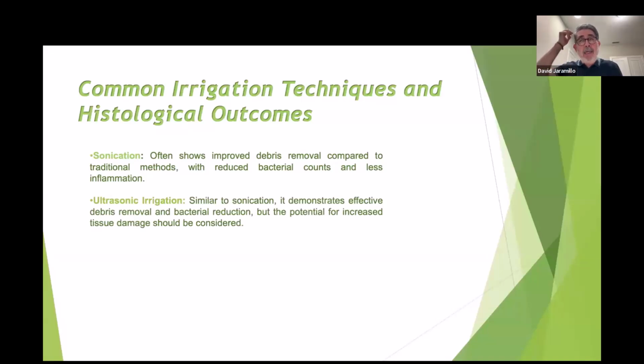Back in the 80s, Walker, Del Rio, Langeland and Pascon published a couple of histological papers where they compared the sonic and ultrasonic instrumentation of the root canal. The idea was to know if sonication or ultrasonication were able to do a better removal of the pulp tissue from the root canal.